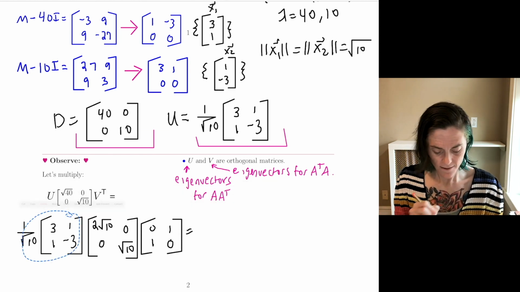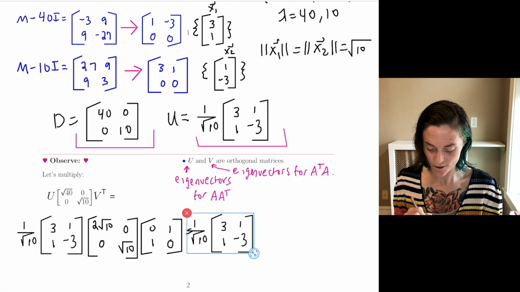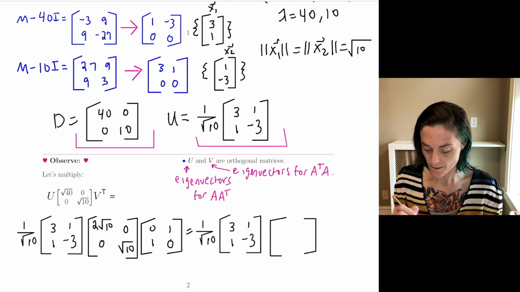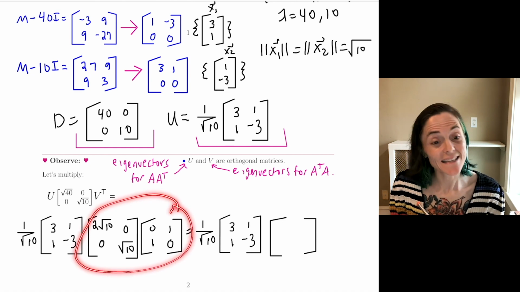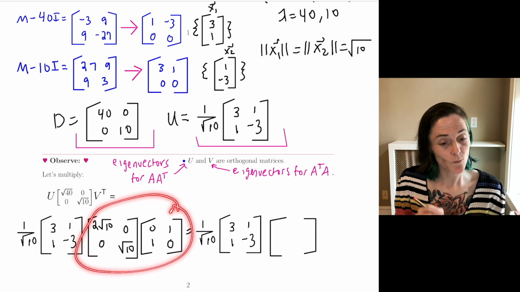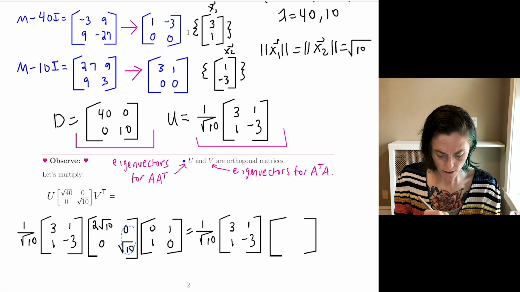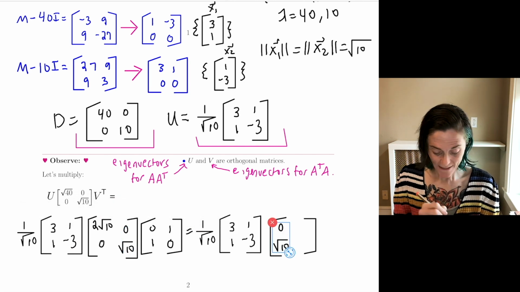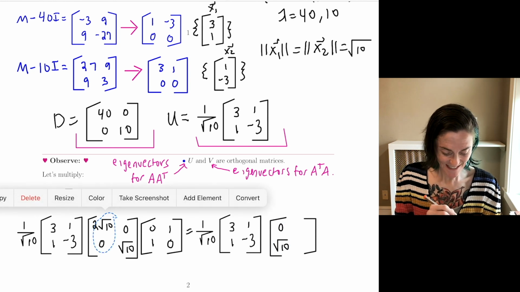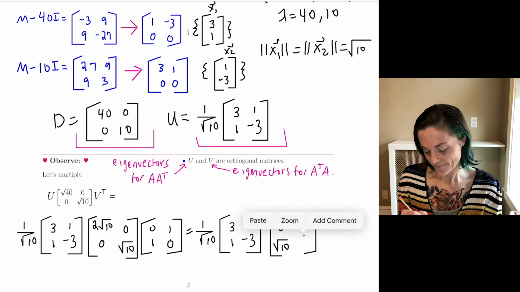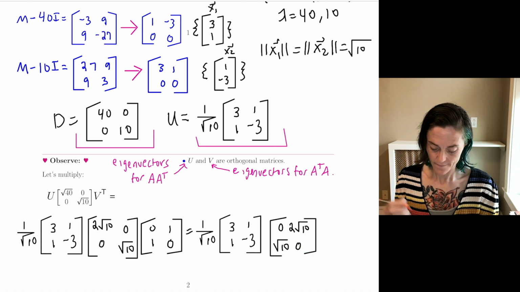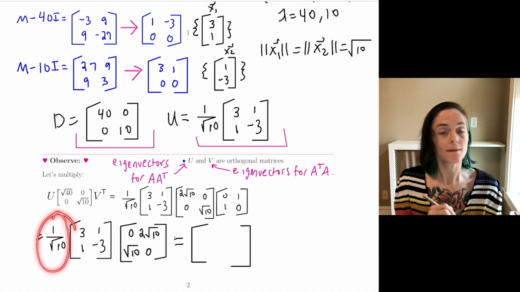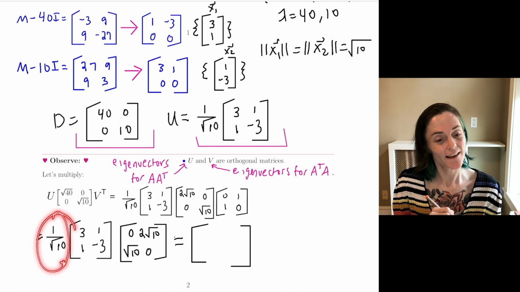Well, we can choose which 2 to multiply first. So let me just recopy this. And then we can multiply here. I multiplied these 2. The first column is just 1 times the second column of this matrix. And then the second column is 1 times the first column of this matrix. Okay, well, we have to remember this 1 over square root of 10 in front.